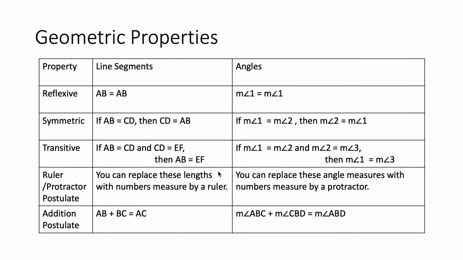Plus we can take these facts about the measurements and replace them with numbers, and we can also talk about how we can add together different line segments and different angles if we use our notation correctly. Right, with all that information, we can start constructing proofs.